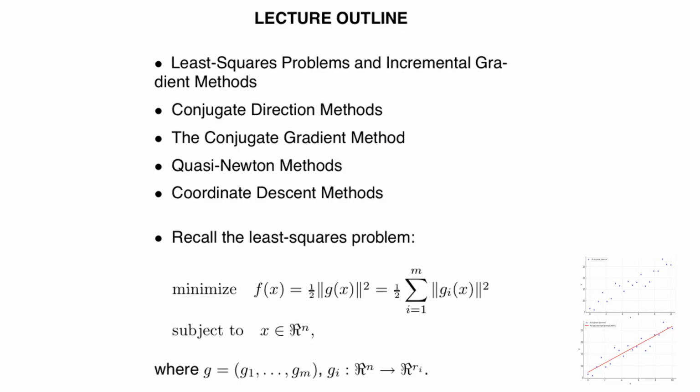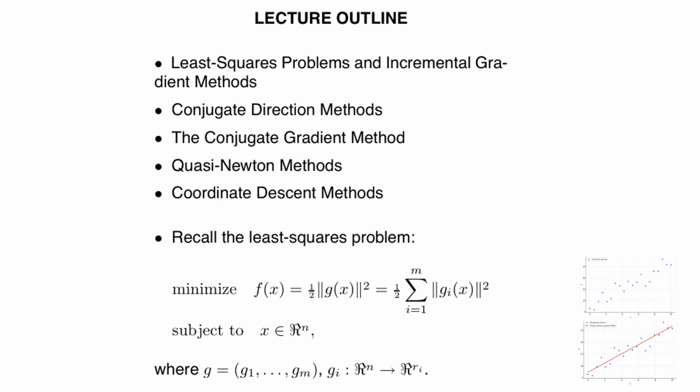Today, I would like to tell, in the framework of this lecture outline, about least square problems and incremental gradient methods, conjugate direction methods, quasi-Newton methods, coordinate descent methods, and recalling by this least square problem.